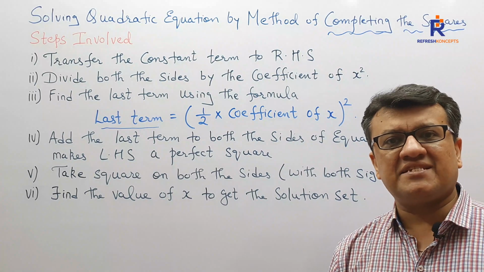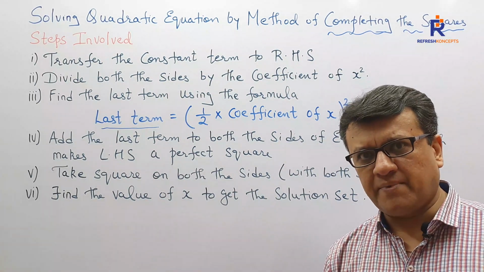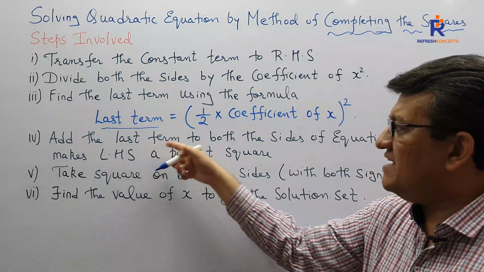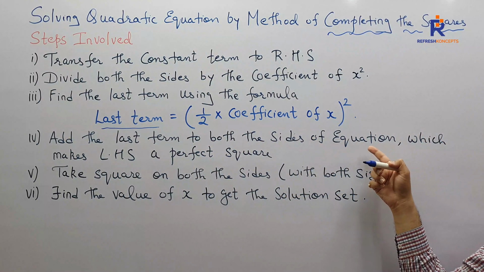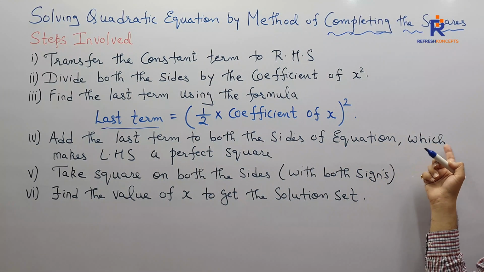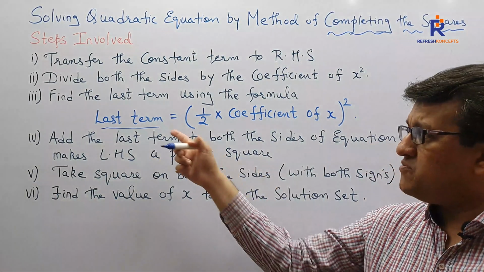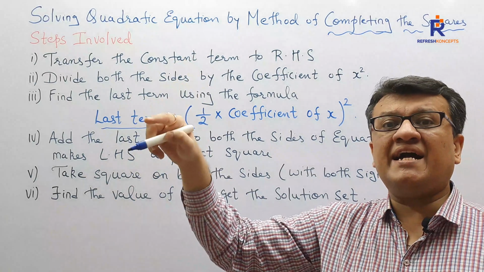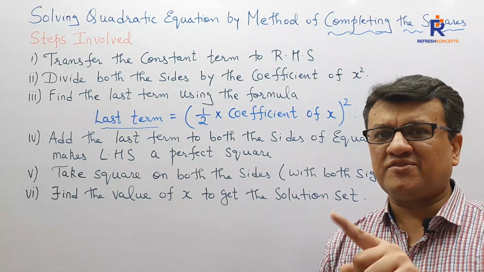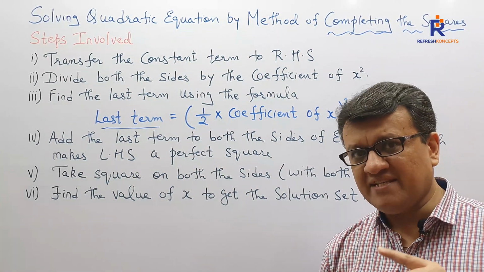After finding the last term, after finishing off step number 3, add the last term to both the sides of the equation, which makes LHS a perfect square. So having found out last term, we need to add that last term on both the sides of the equation, LHS as well as RHS.